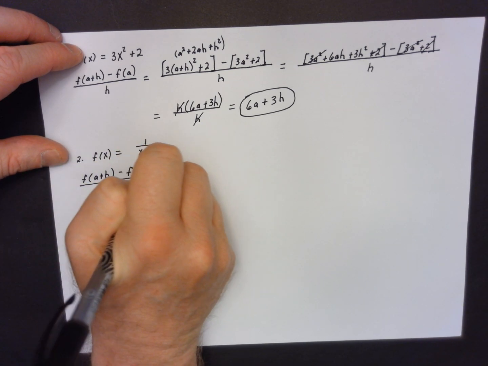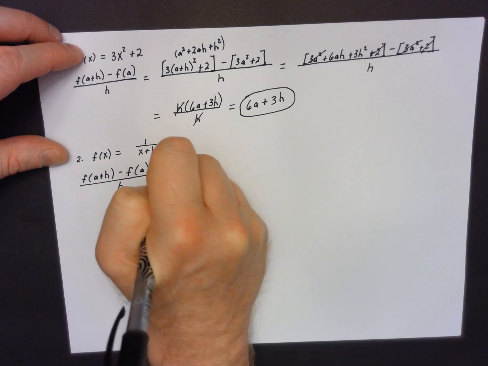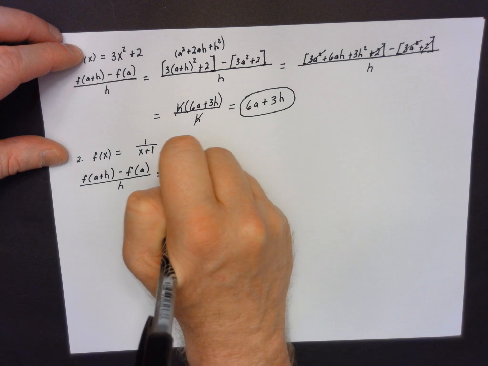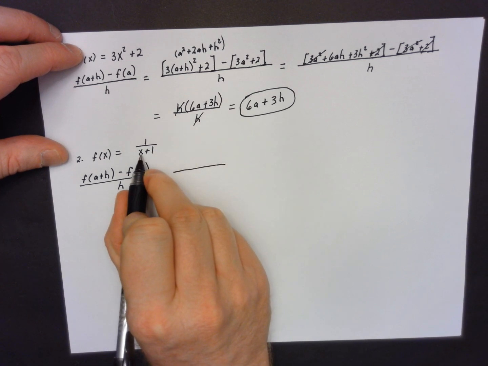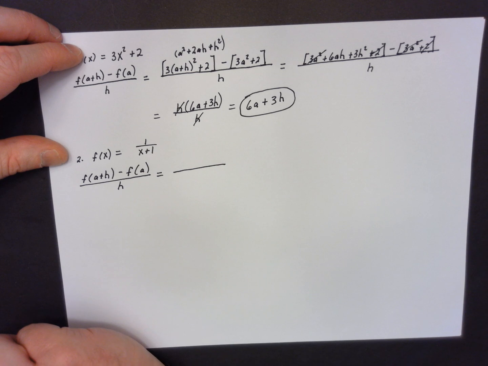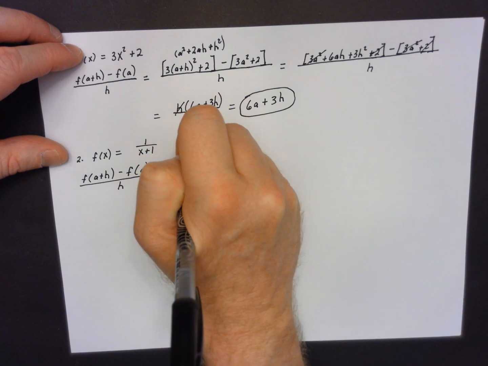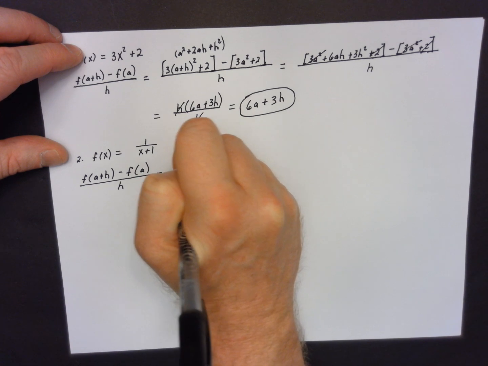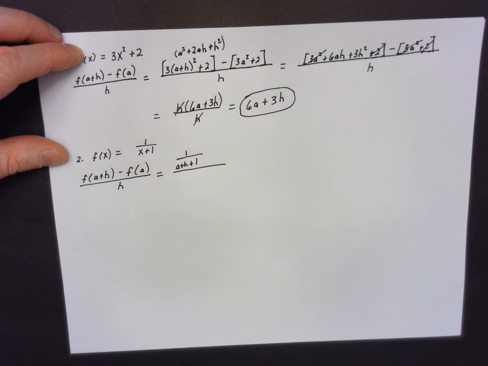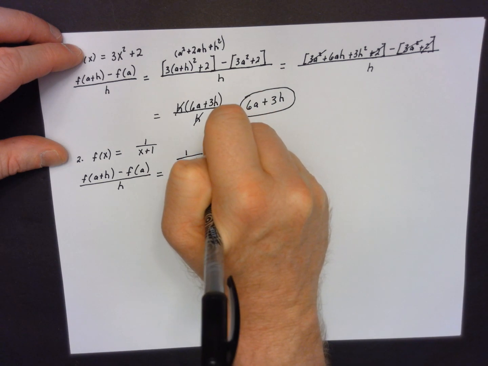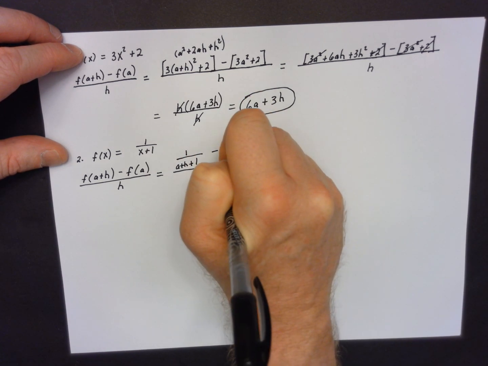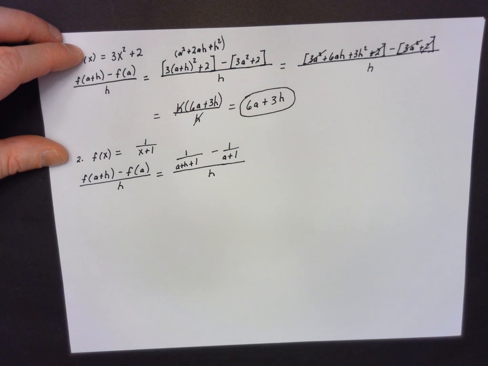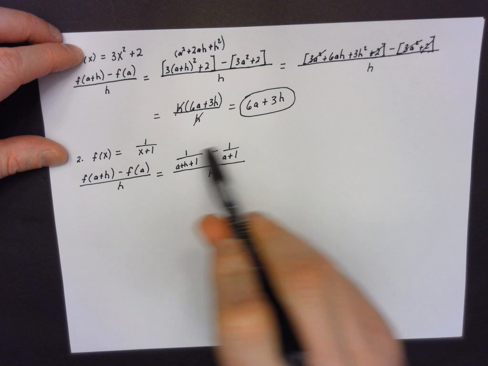So if I apply that to this function, f of a plus h, all that's saying is wherever you see an x in your function, replace it with an a plus h. So 1 over x plus 1 becomes 1 over a plus h plus 1. And then minus f of a, that's just going to be minus 1 over a plus 1. All of this over the denominator of h. So I have my f of a plus h minus f of a over h in here.